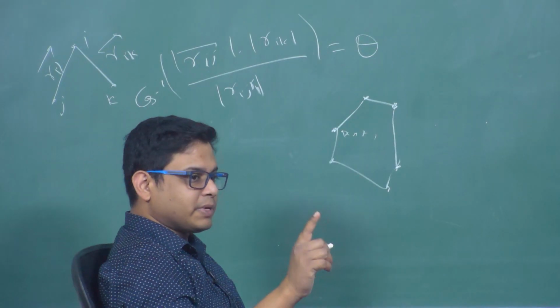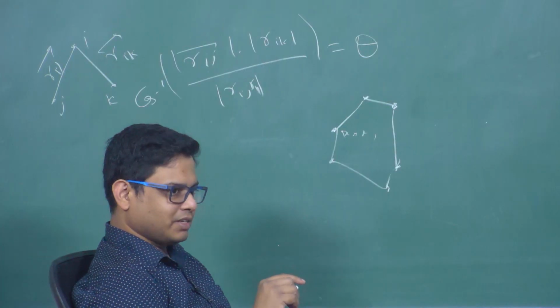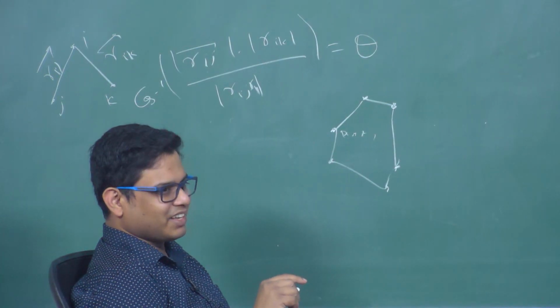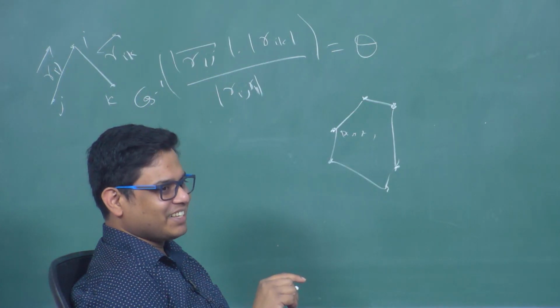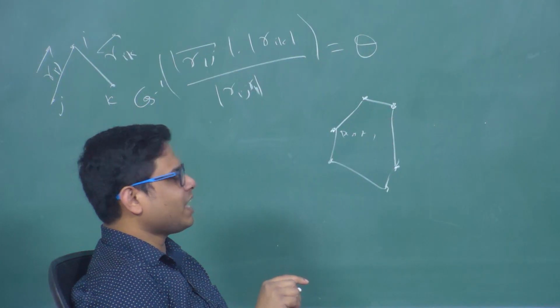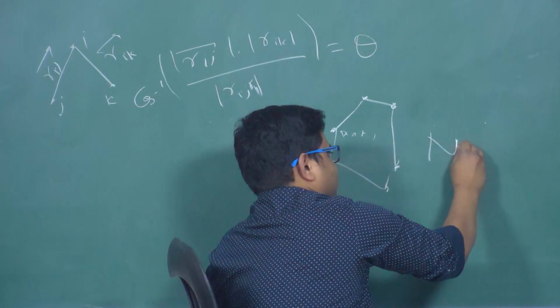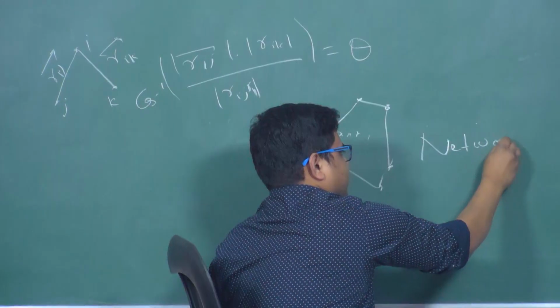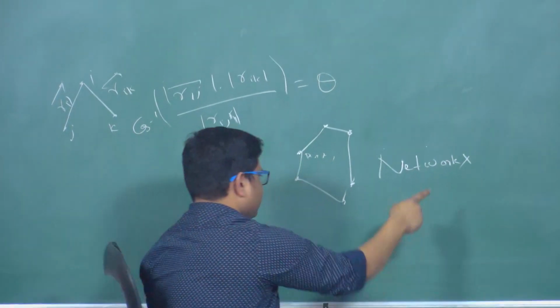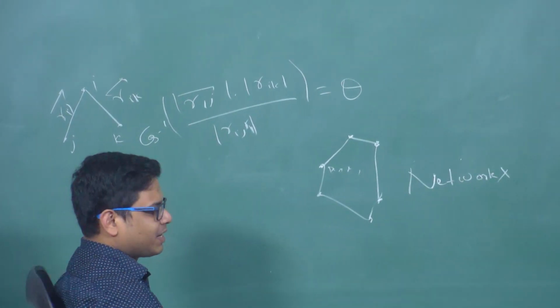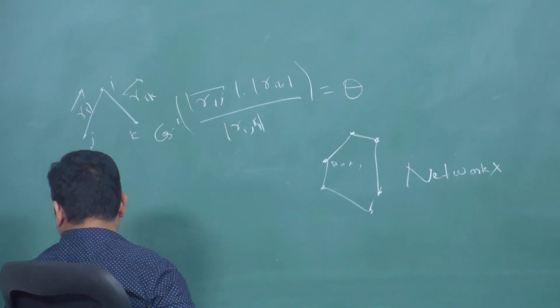It becomes difficult, especially if you have periodic boundary conditions. It looks very ugly, not even clean. There is a package called NetworkX for plotting graphs, but it doesn't make anyone happy.